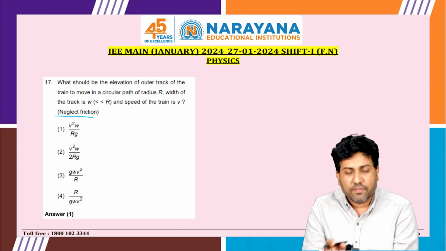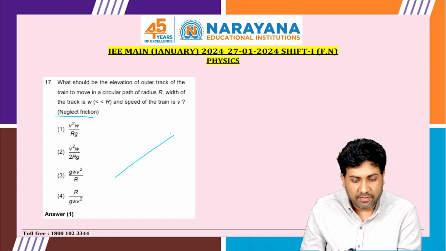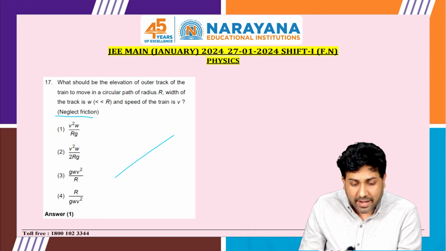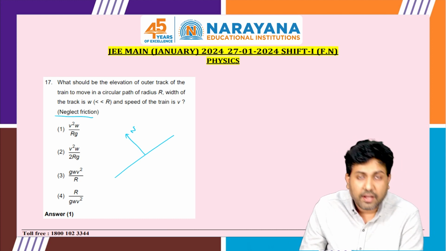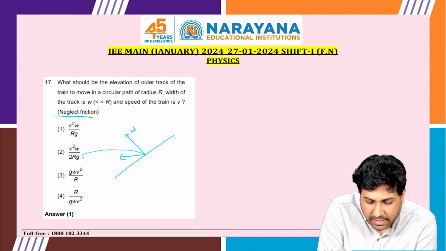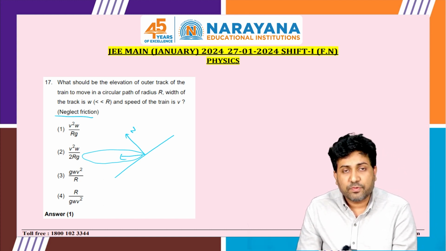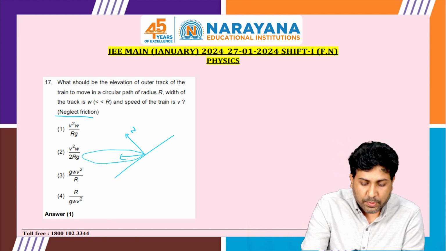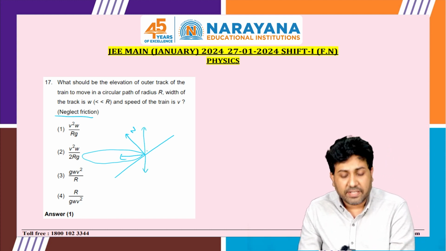So this is a question of the banking of road or the banking of rail lines, whatever they have asked. And because there is no friction, only normal force is providing the centripetal force which is required for the circle. In fact, there is a component of the normal force which is providing the centripetal force. Okay, and this component of normal will be balanced with the gravity.